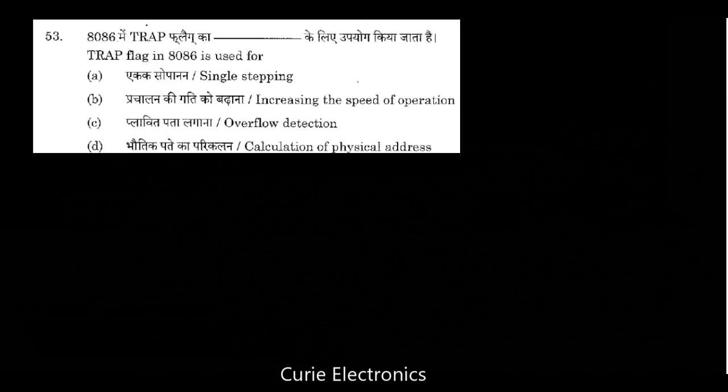Question number 53. A trap flag in 8086 is used for. In the 8086, this trap flag is used for on-chip debugging. That means after writing a code, with debugger software, we can debug the software.